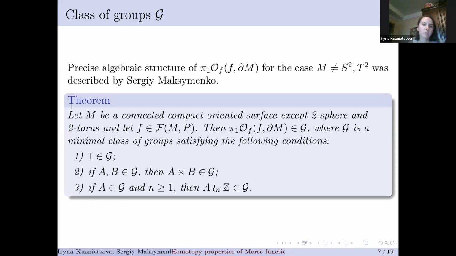The trivial group belongs to this class; if we take any two groups A and B in the class, then their direct product also belongs to the class. And if a group A belongs to G, and n is some integer number, then the wreath product also belongs to G.